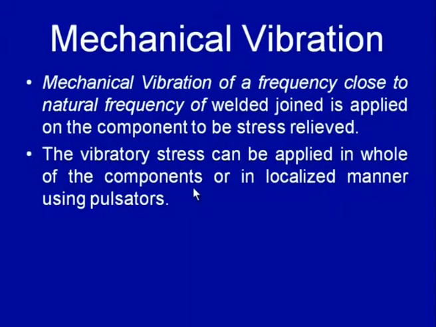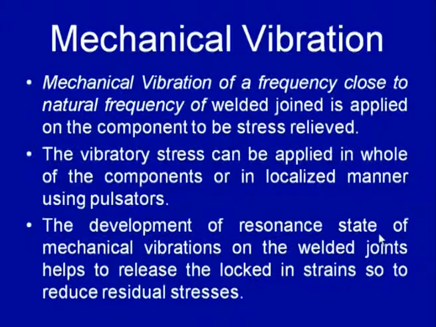When the mechanical vibrations are applied at a frequency close to the natural frequency of the weld joint, the component is subject to a situation of resonance, and the vibratory stresses can be applied to the whole component or in a very localized manner using suitable pulsators. The development of the resonance state of the mechanical vibrations on the weld joint helps in the release of the locked in strain, so that the residual stresses can be reduced.